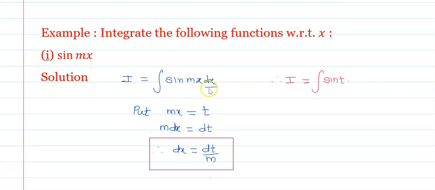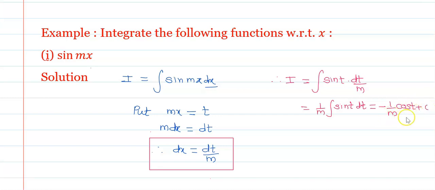And what is the value of this dx? dx is dt/m. It's dt/m, and m is a constant, so take it outside the integral sign. And therefore, here you will have sin t dt. But what is the integral of sin t? It is minus cos t. Therefore, it is minus 1/m cos t, and plus c.